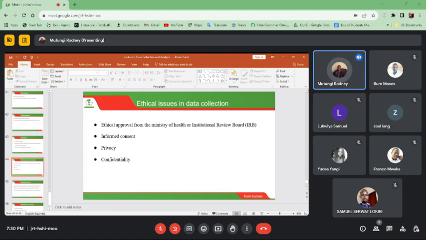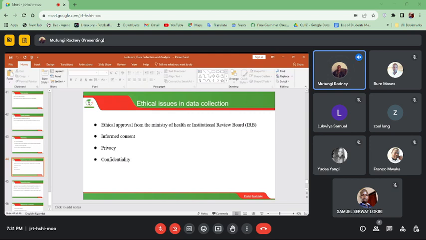Informed consent, whereby you tell them why you want them to give you information, the benefits and the risks, and then you let them voluntarily accept to take part in your research or the data collection. Then confidentiality: you should never at any time reveal their identity to any other person.